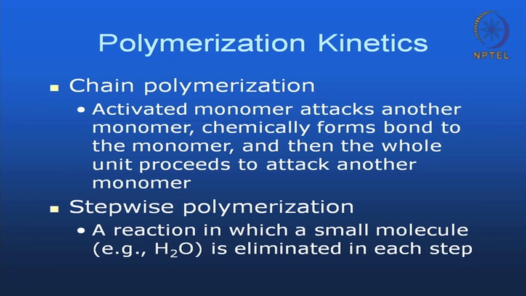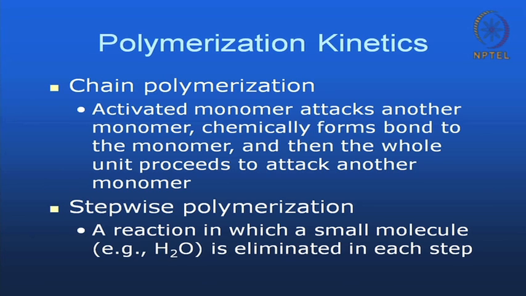Then this whole dimer again acts as a reactant to attack the third monomer to produce a trimer, and so on. In this way, a monomer becomes a dimer, a dimer becomes a trimer, a trimer becomes a tetramer, and it will continue for a long time.